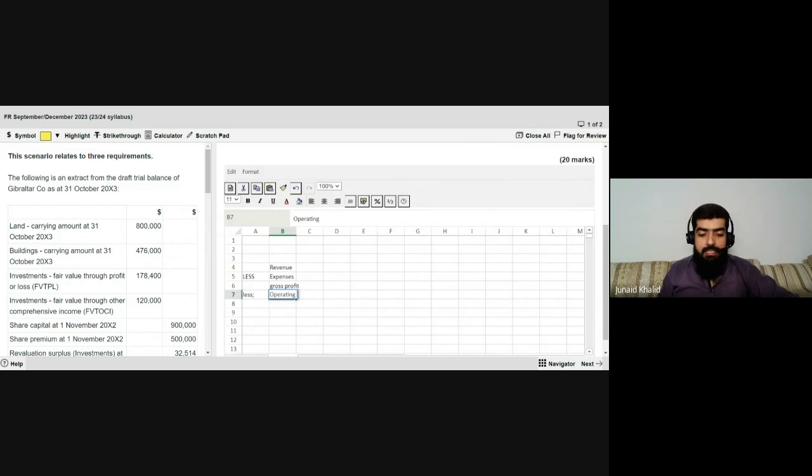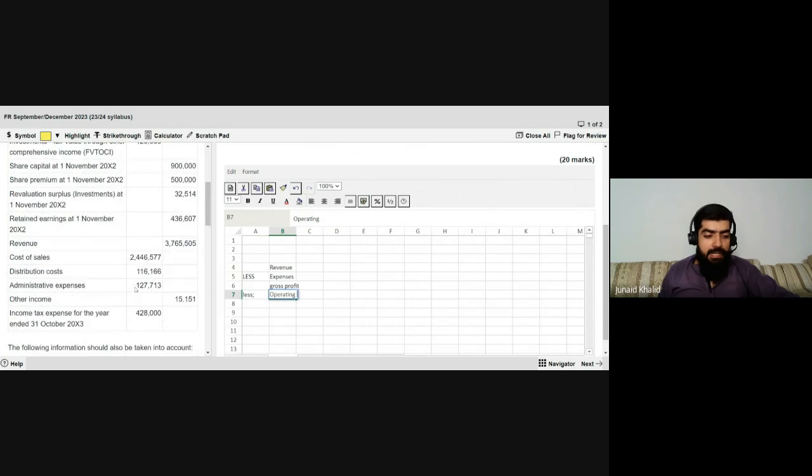Now, here in this case, the expenses are divided into different categories. Number one is the cost of sales, that is the cost of goods sold. Then we arrive at the gross profit, and then we could have operating expenses. But here, instead of using operating expenses, the examiner has used the words distribution expense or distribution cost.